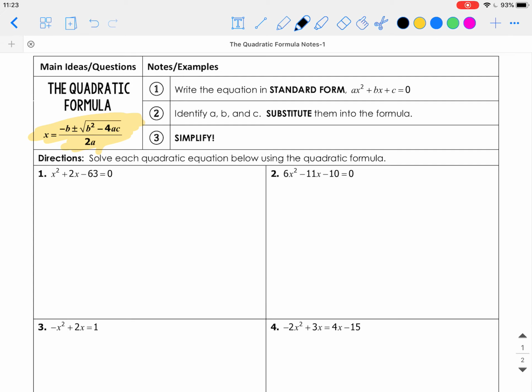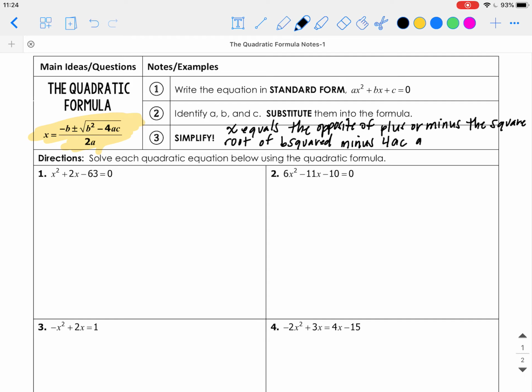So this formula is x equals the opposite of b plus or minus the square root of b squared minus 4ac all over 2a.